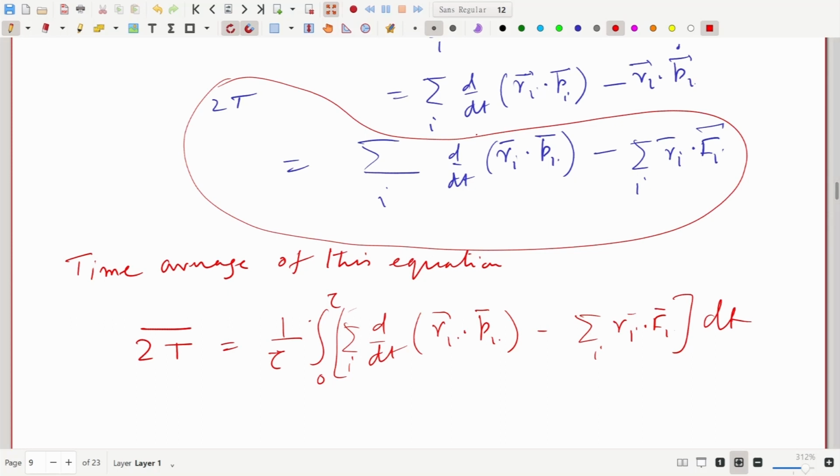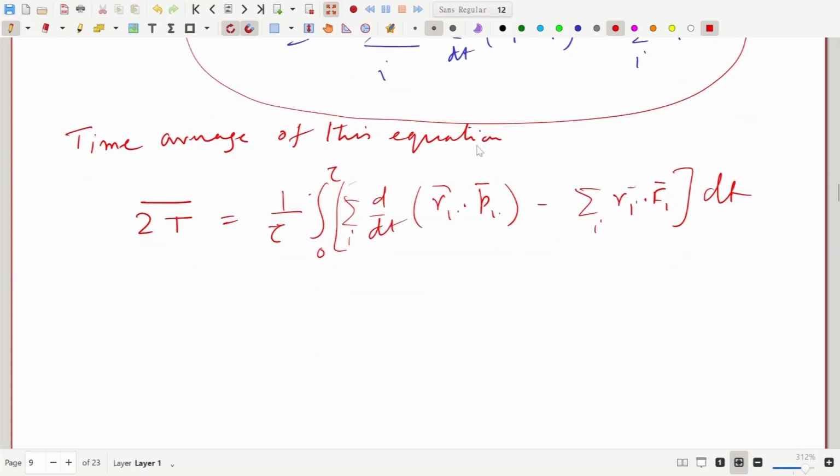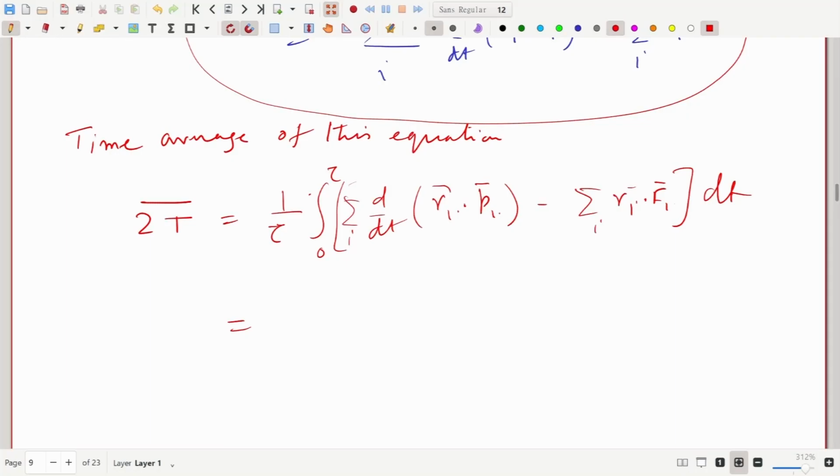I think you are familiar with the averaging of a continuous variable: it has to be integrated over a period, and you divide by the period. This is the definition of time average.